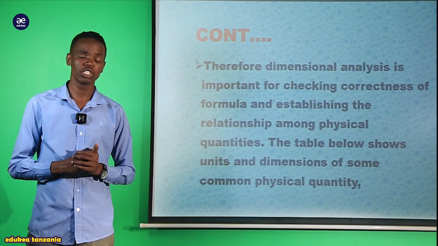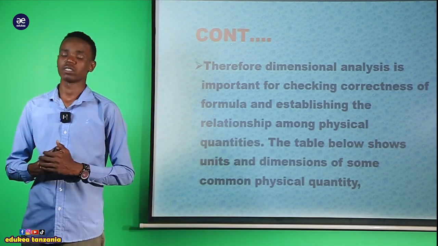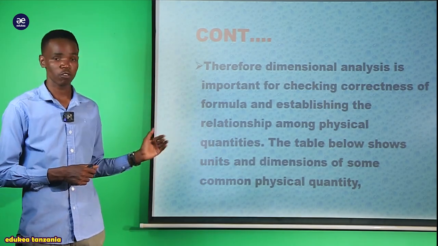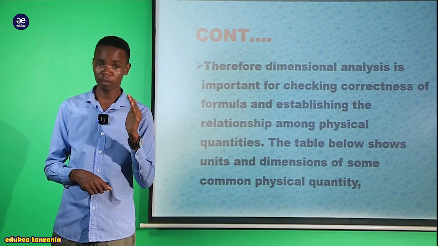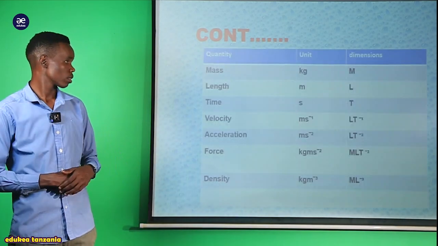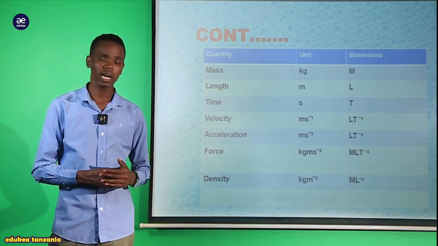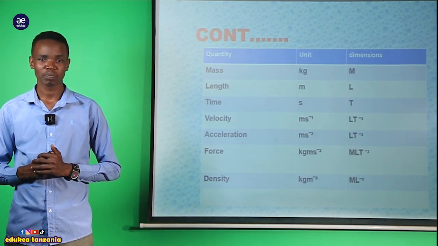How can we establish the relationship between the physical quantities? How can we check the correctness of the formula for the quantity that you will be given? Here it is our table, my dear student, that explain about the dimensional analysis.